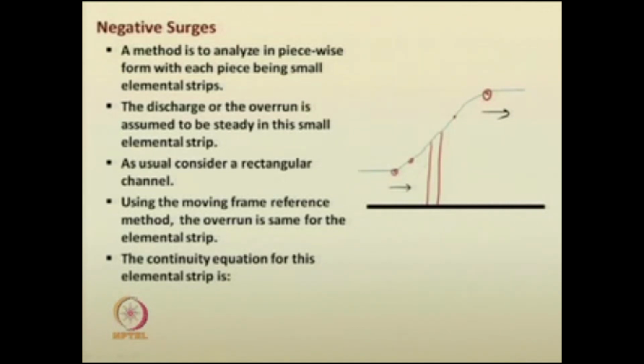So, we are taking a small elemental strip like this from the wave portion, including the water column that encloses the wave. On the left side, the wave is propagating from upstream to downstream, so this negative surge is moving downstream.